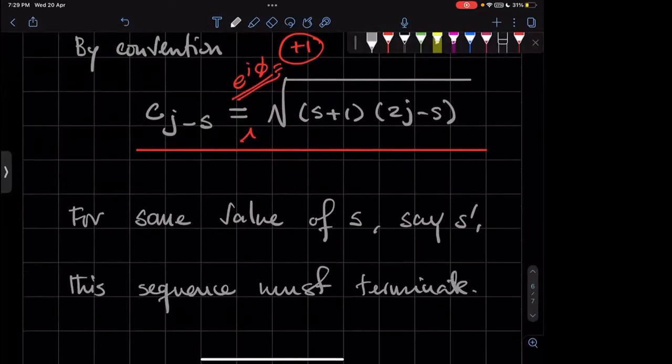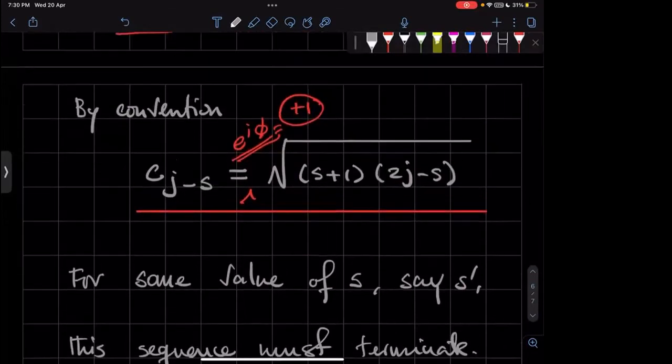So that means that when can that happen? If you look at this, we know that S is a positive integer, right? So the only way that this can go to 0 is when at some point this becomes 0, right?